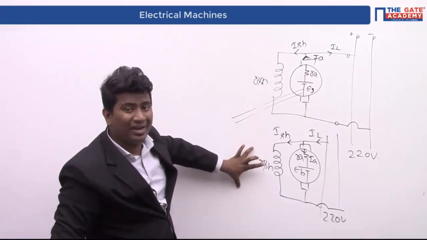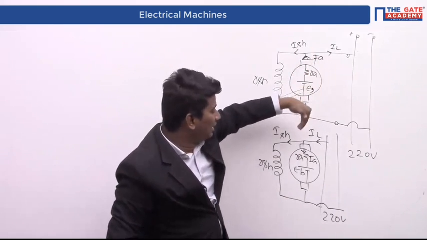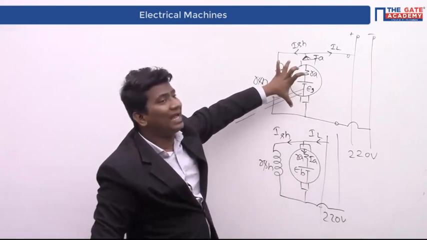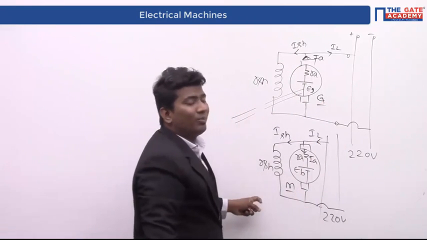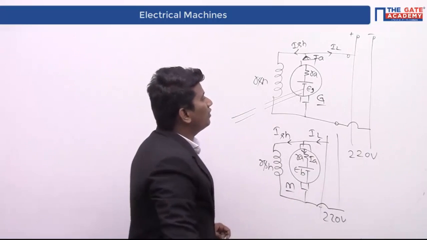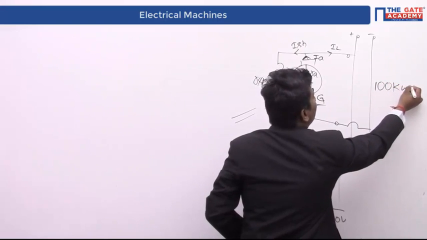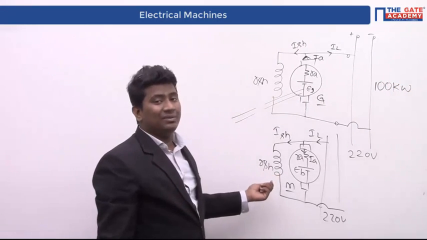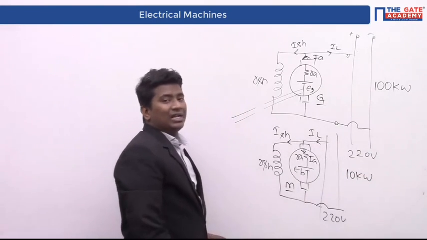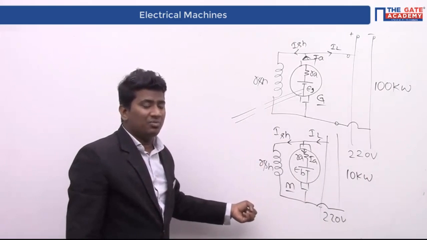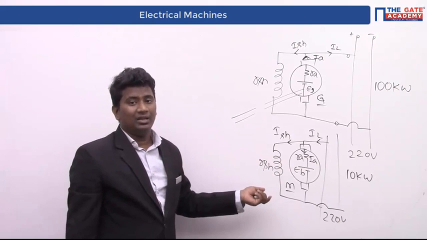The only difference is that here it is giving armature current, here it is taking armature current. It is acting as a DC generator, and then as a DC motor due to mechanical prime mover failure. So during acting as a generator, how much power is it generating? 100 kilowatt. Once it acts as a motor, it is drawing a power of 10 kilowatt. So what they are asking is, suddenly if the belt is removed and it is acting as a motor, at which speed is it rotating? They are asking that question.